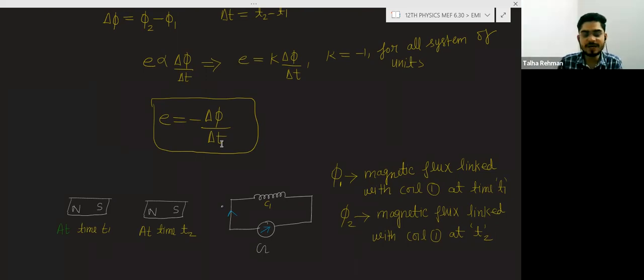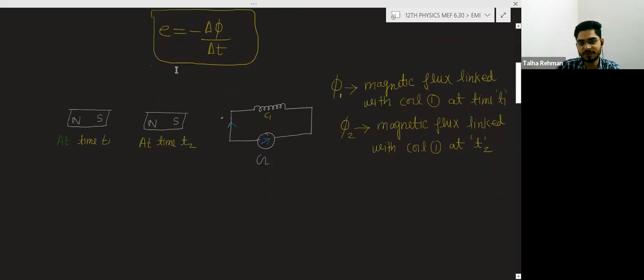If someone is asking what will be the EMF from 2 seconds to 3 seconds, he or she is asking the average EMF. If someone is asking what is the EMF at t equal to 1 second, at an instant of time, then he or she is asking the instantaneous EMF. So we will divide this in two parts: first average EMF, and after that instantaneous.